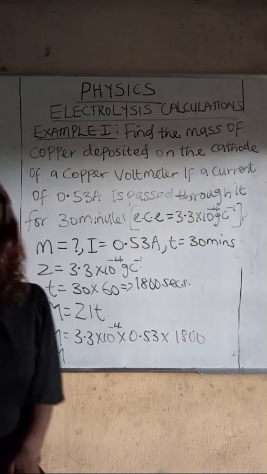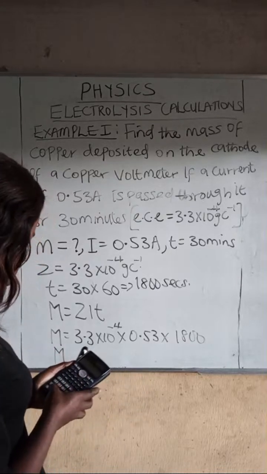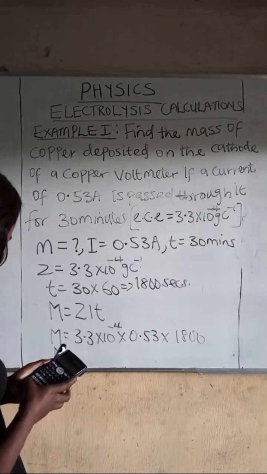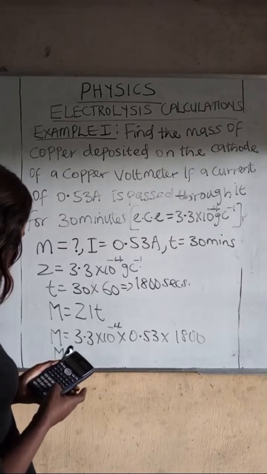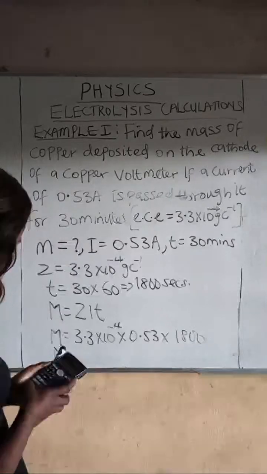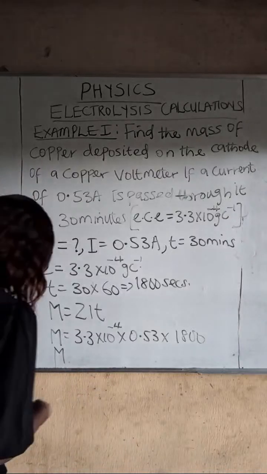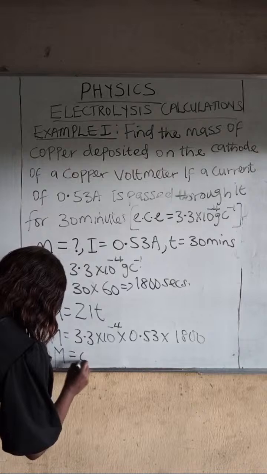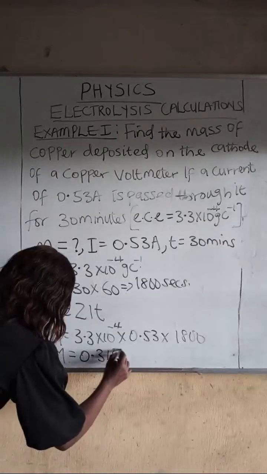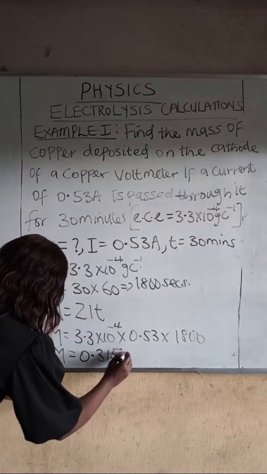So with the help of your calculator, you multiply 3.3 exponent minus 4 times 0.53 times 1,800. My answer is going to give me 0.315 grams.